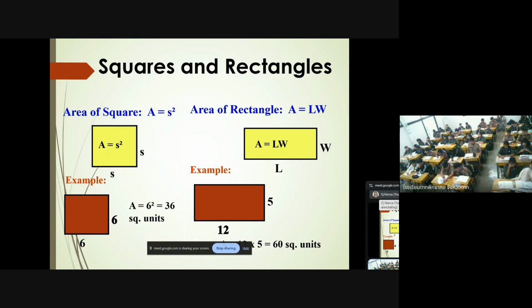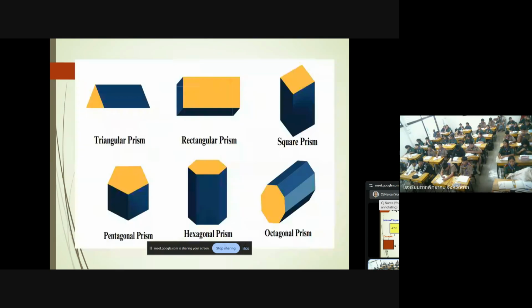And we also have a rectangular prism. The first one is triangular prism. Why triangular? Because the base is triangle. That's why we call it triangular prism.